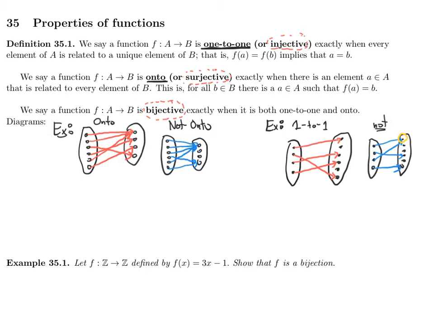So you can see here, there's one element that nothing in the domain is mapped to. In fact, there's 2 here, the 2 middle ones. And because of that, it is not an onto function. So that's roughly the ideas of onto and one-to-one functions.